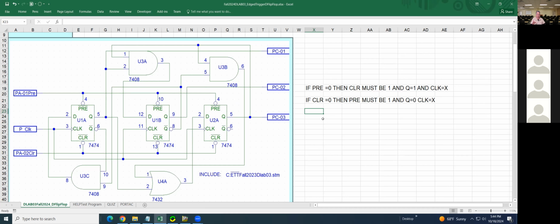That's why any circuitry can get a preset and clear. They can set the output of the flip-flop to one or zero the way they want it. Okay? Ignore the clock. Okay. Now for clock operation.